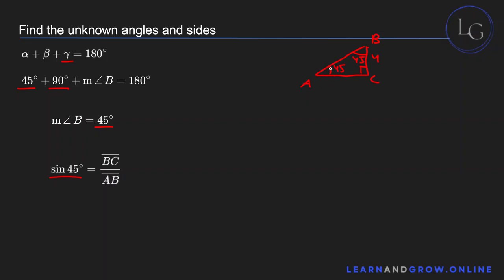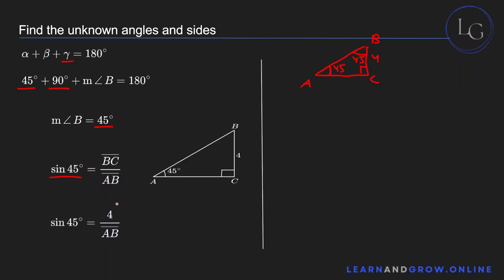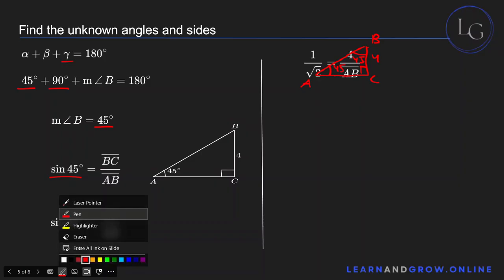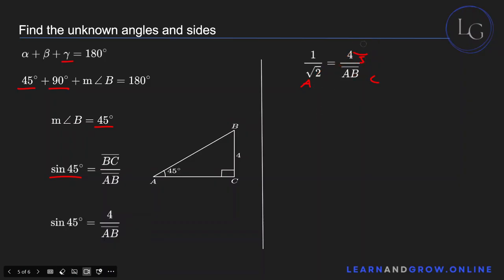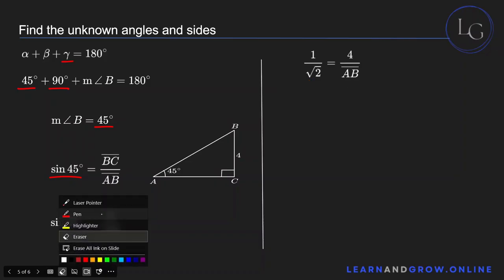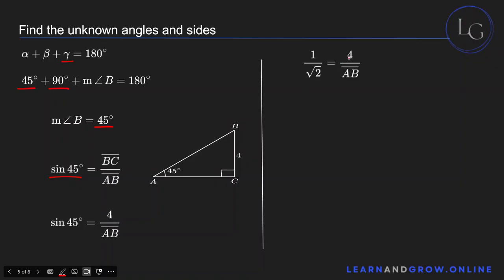So sine 45, the sine of this angle, is the opposite over the hypotenuse, right? So BC over AB. Now, we know that BC is 4. We need to find AB. So 4 over AB.